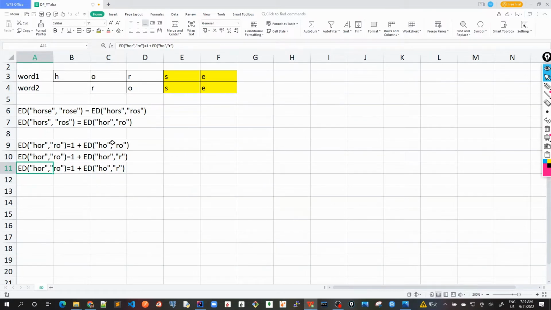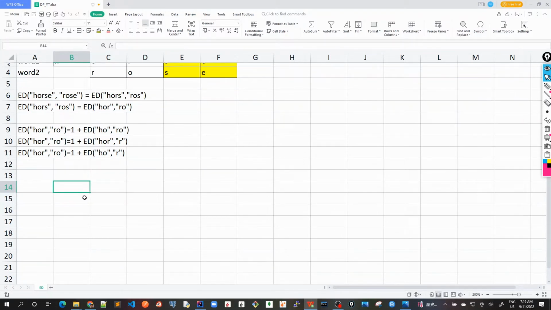So now let's create the grid again. Word 1 here is HORSE. Let me take some space. I'm taking one extra character here, and I will explain why: I need to define my base or terminal condition here, as null.